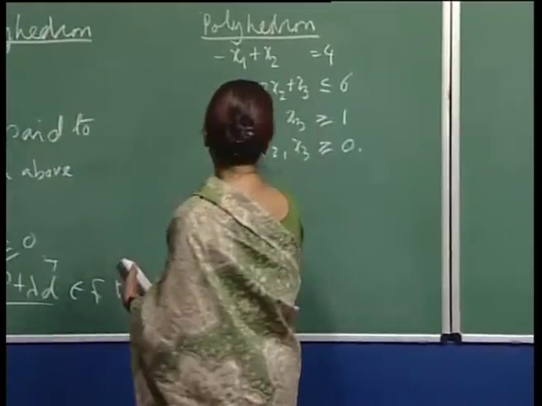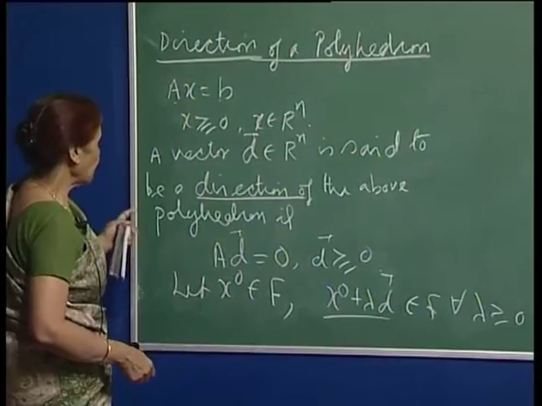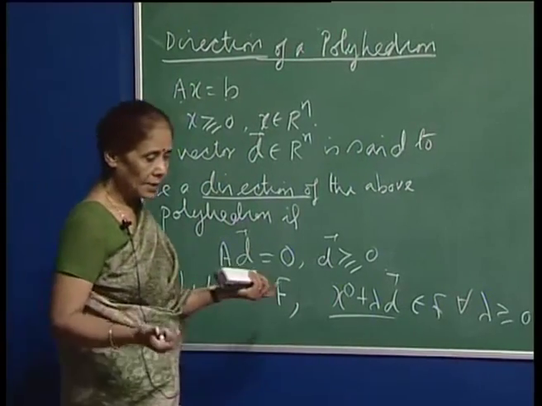Fine. So, now see, for example, if you have this polyhedron. Another thing is that if a polyhedron has a direction, then it cannot be bounded.